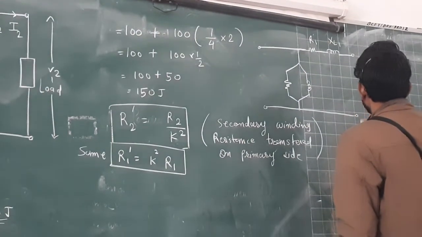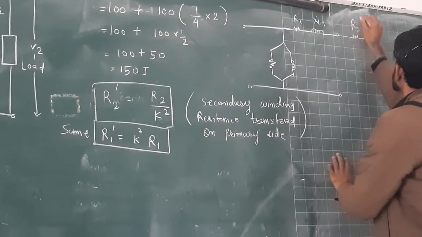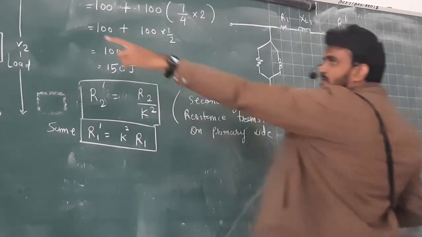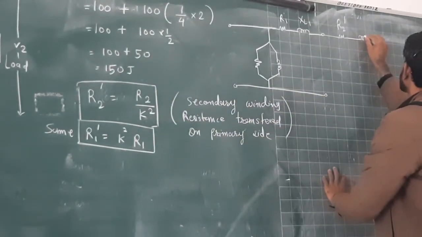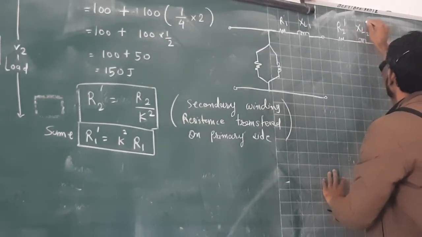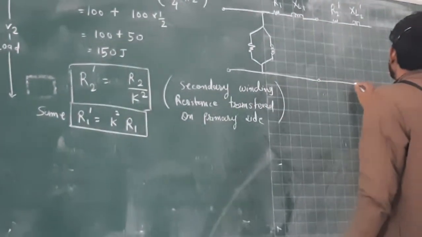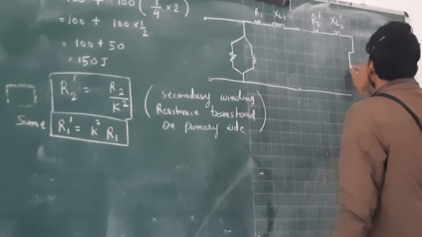Then here is one point, then R2 dash, that is transformed from this side, then XL2 dash, which is this one transformed on this side, and then there will be the node.